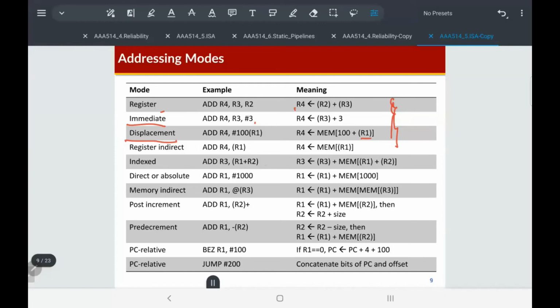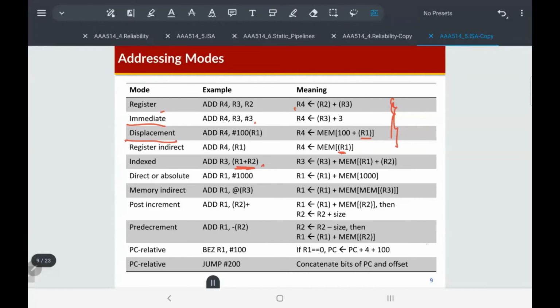Also, register indirect: the memory is accessed by the address in the registers. Okay, so the address is also computed from the two source registers like here, and then also direct access with the address, and memory indirect, and so on.